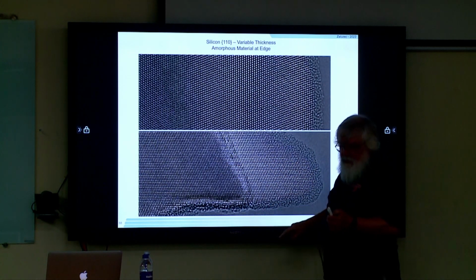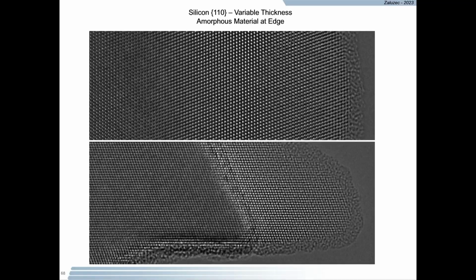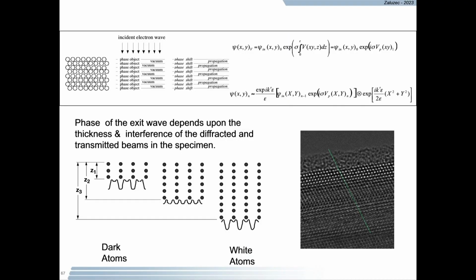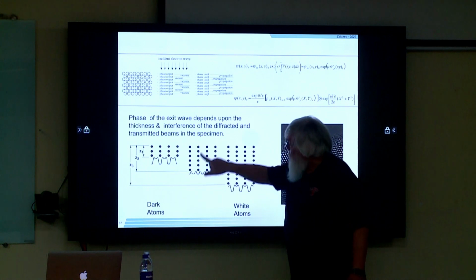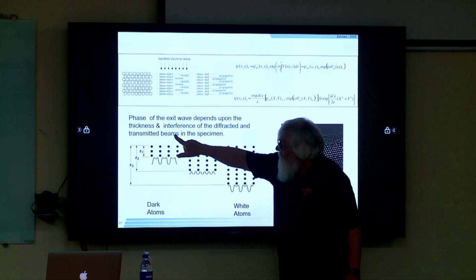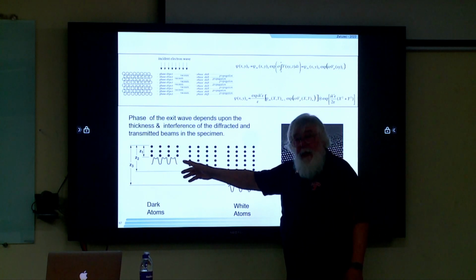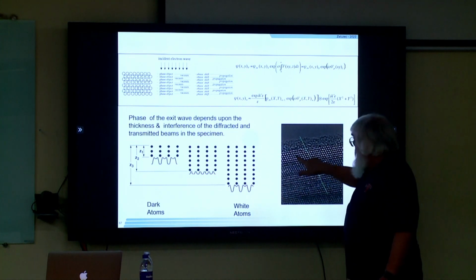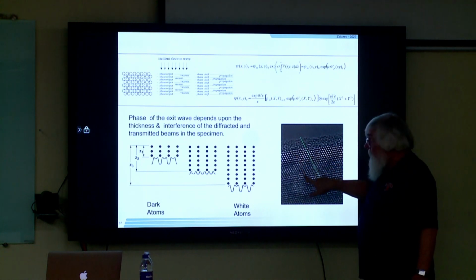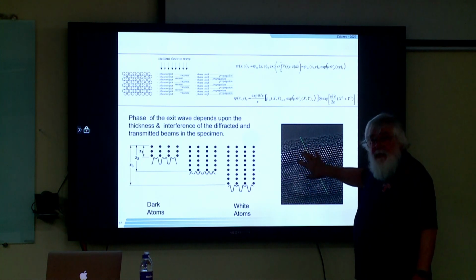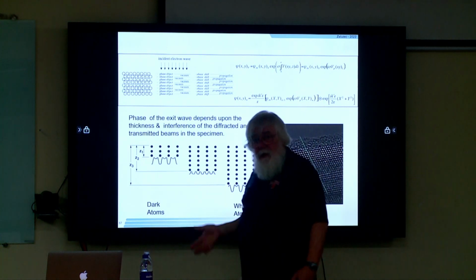Let me go back a slide. Oops, wrong one. Okay. What's happening is we're going from white to black. As the electrons are going through, they're channeling and they're diffracting, they're interfering, and we're getting changes in not only the intensity, but also the contrast. So that's a big problem with high-resolution TEM imaging.